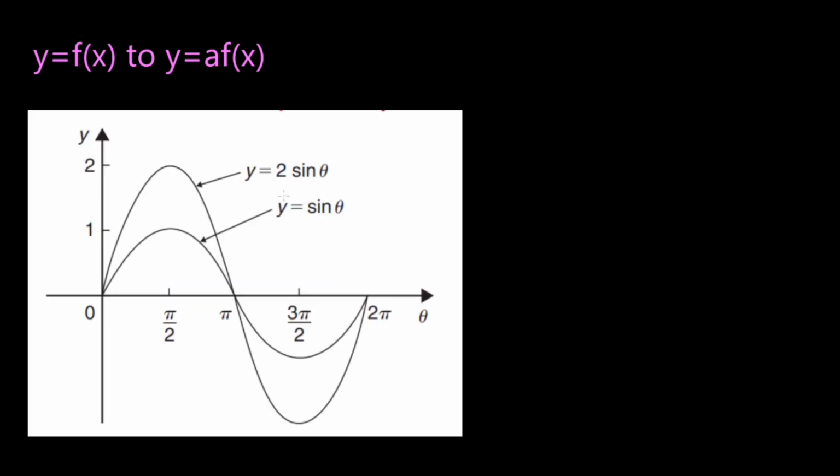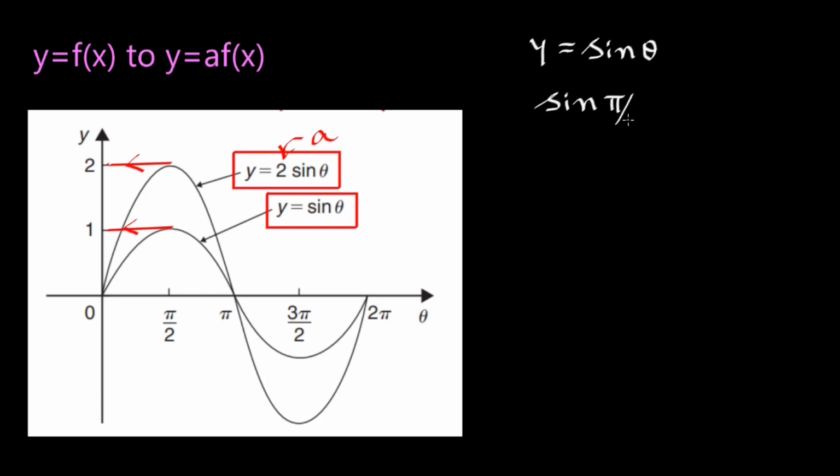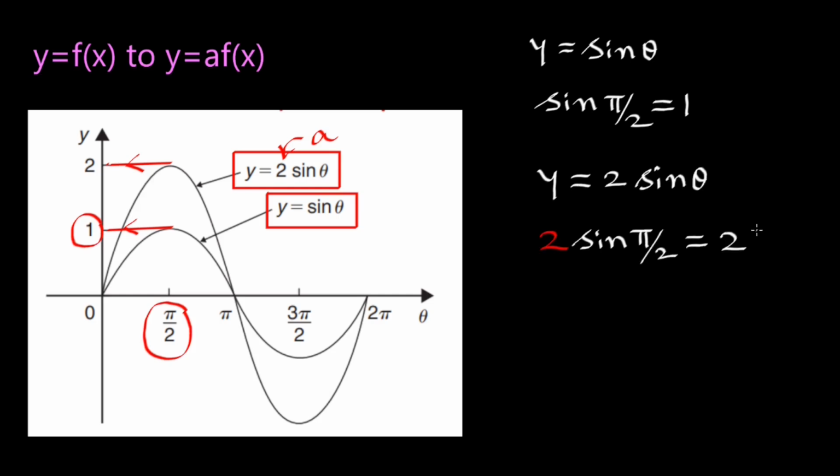Next we have to see the simple transformation of the sketch of y equals sin theta to y equals 2 sin theta, where scale factor a is 2. In the original curve of y equals sin theta, sin pi by 2, which is 1, for the curve of y equals 2 sin theta becomes 2 times sin pi by 2 parallel to the y-axis.